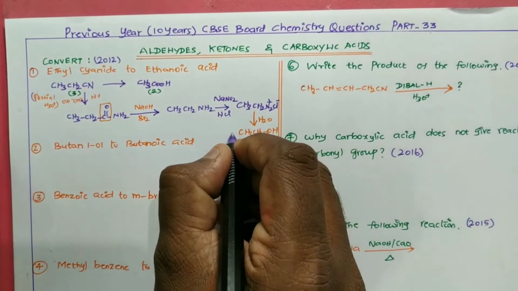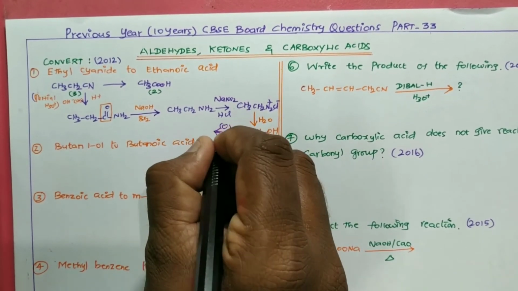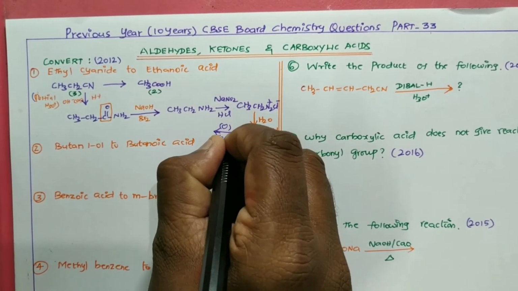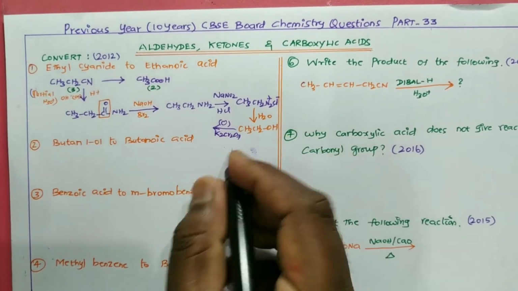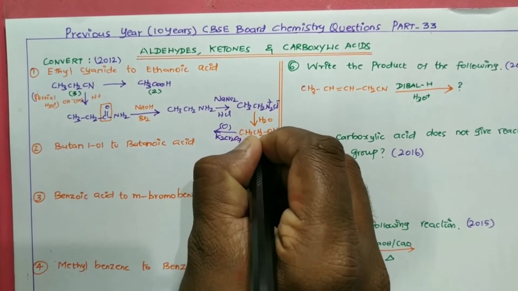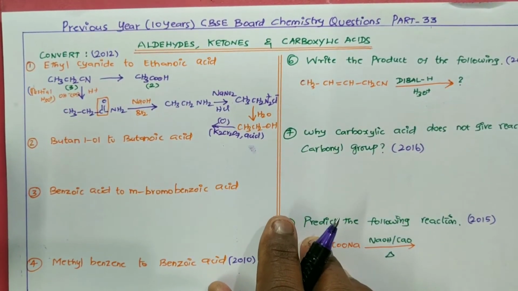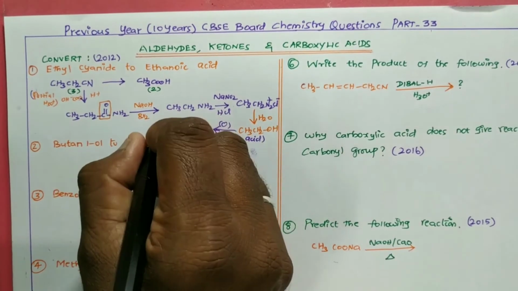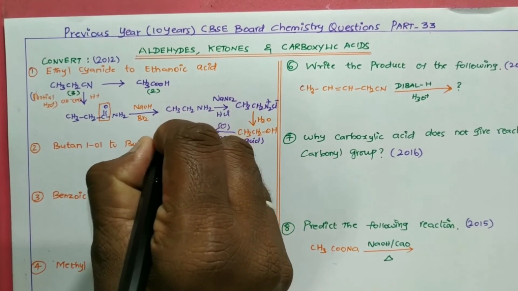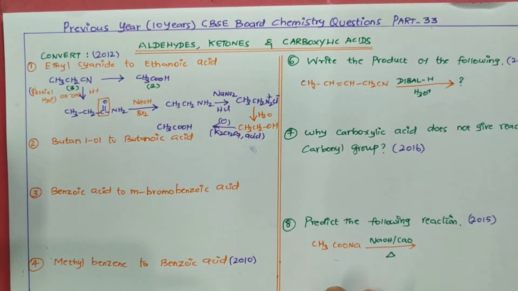If I got an alcohol, then I'll do oxidation in presence of a strong oxidizing agent, potassium dichromate, in an acid medium. So in presence of acid medium like sulfuric acid, if I do this oxidation, I'll get my product, that is CH3COOH, ethanoic acid or acetic acid.